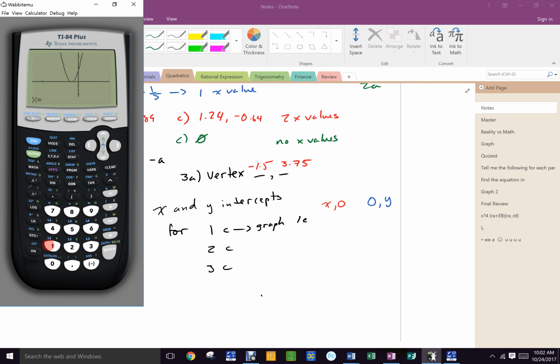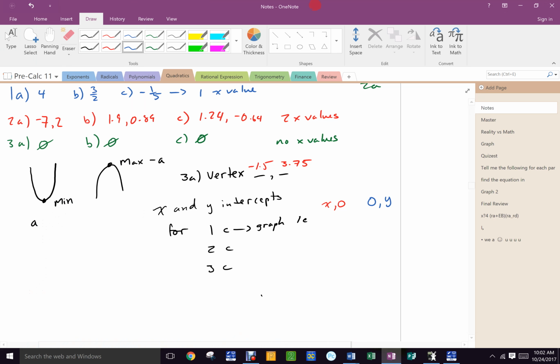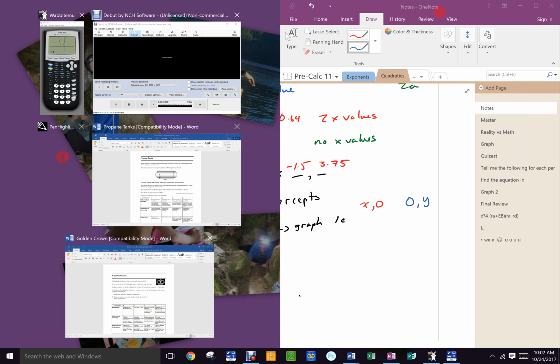1. X value. Which of these do we have an X value for? Do I have an X value for the X-intercept, or do I have an X value for the Y-intercept?